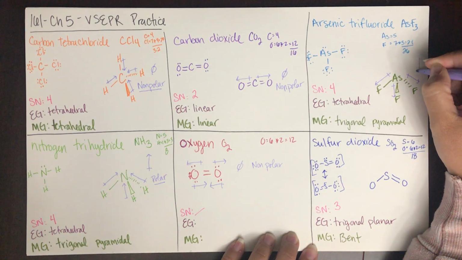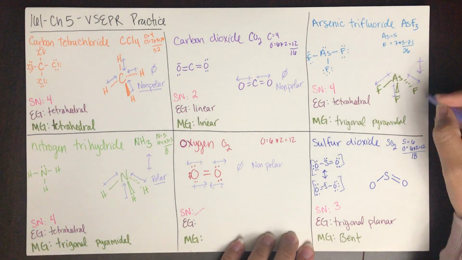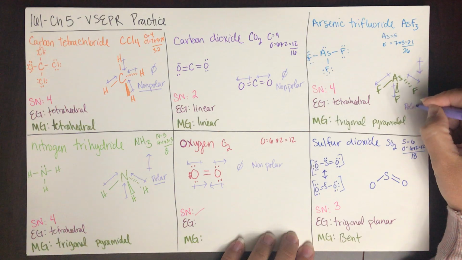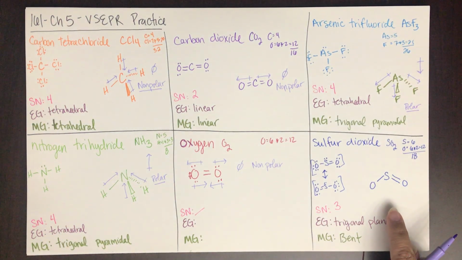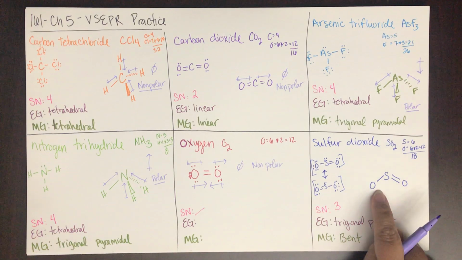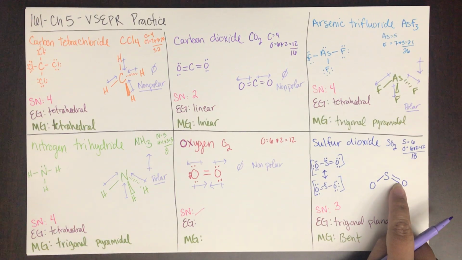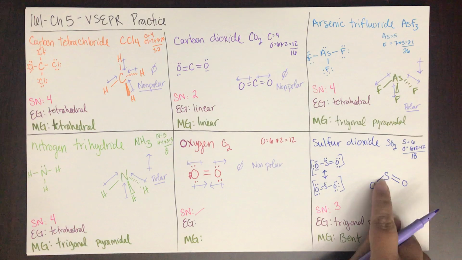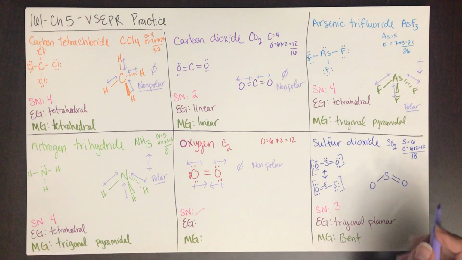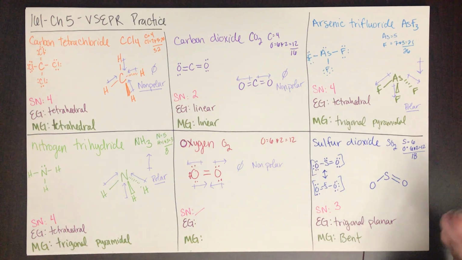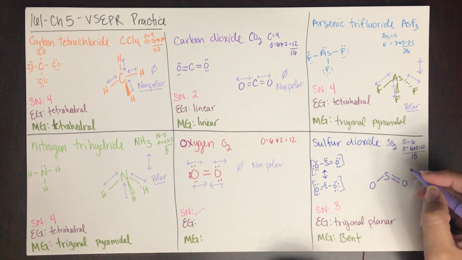So there's going to be a net vector in this direction, which means this is a polar molecule. Here, sulfur dioxide, these are equal in magnitude, even though this has a double bond here. Remember, this is a resonance structure where this double bond is really like vibrating back and forth, existing in both of these positions. So the magnitude of the vector is the same here.